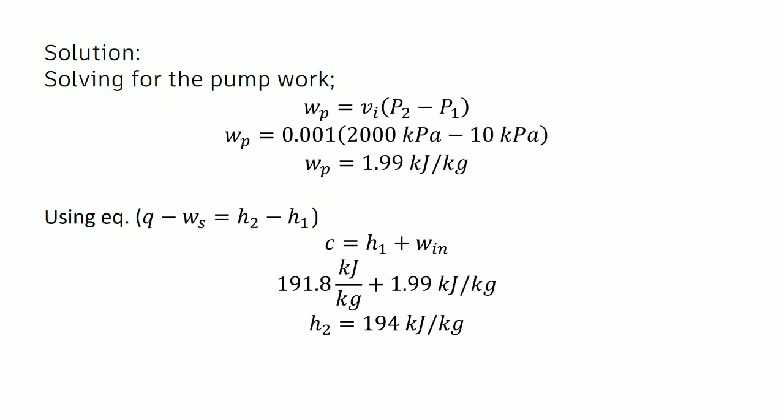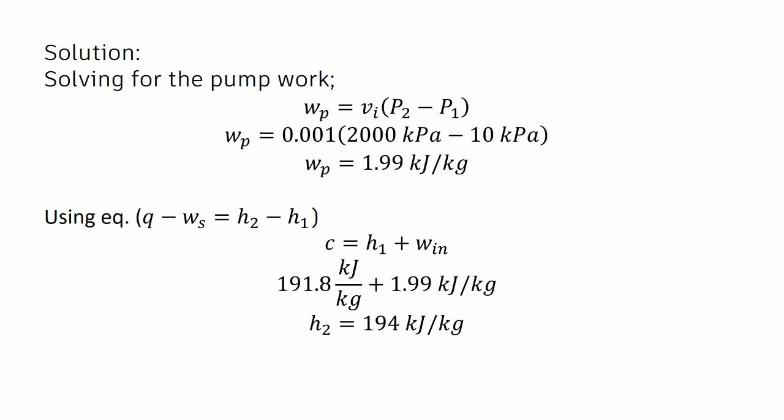Inside this parenthesis, we have the specific heat minus the pump work, which is equivalent to the difference of the initial and the final specific enthalpies of this substance. So this equals the initial specific enthalpy plus the work input in our steam power plant. We have here 191.8 kilojoules per kilogram.